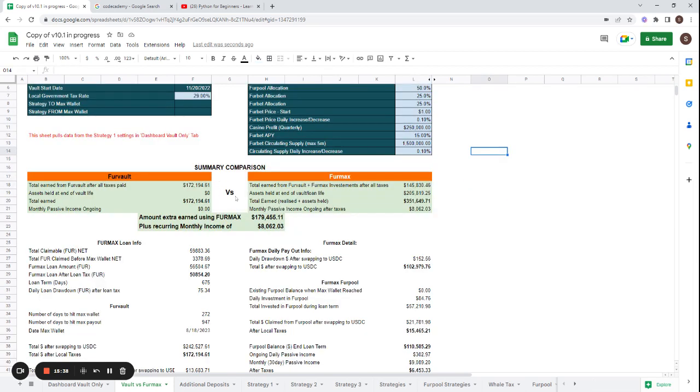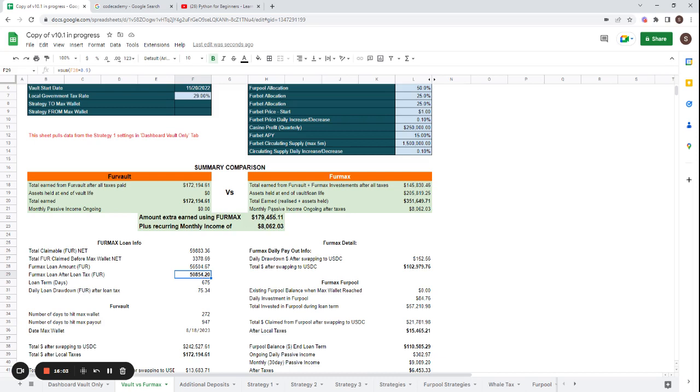And what this is going to show you is how much more profitable it is to go into Furmax once you hit max wallet. So it's going to show you the amount of FUR that you're essentially taking a loan against, which is this number here. And that's what you're going to get after the Furmax loan tax.